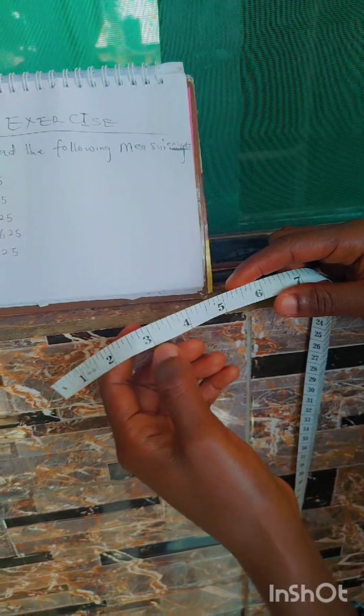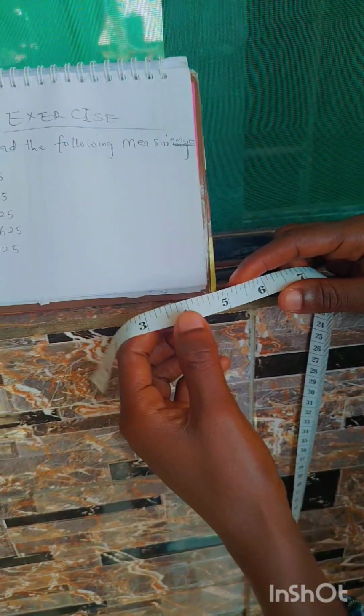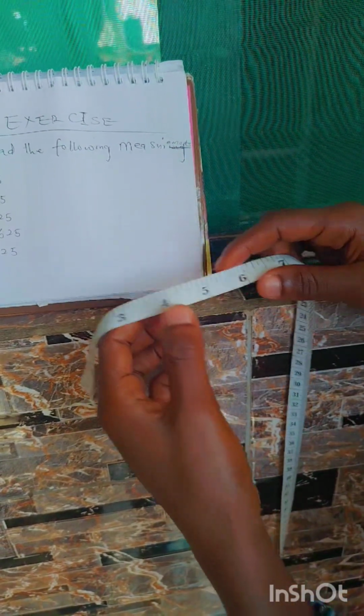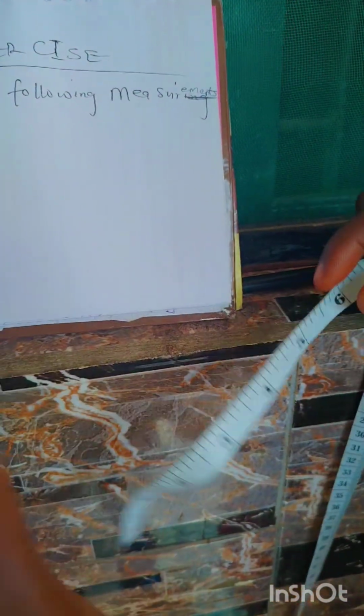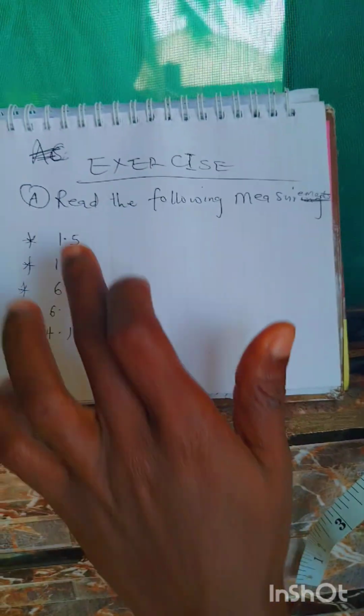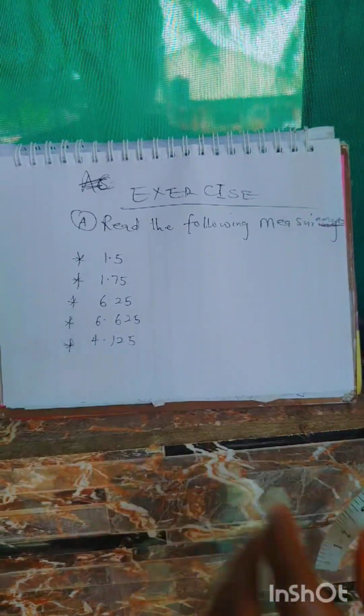Or maybe I tell you to read 4.5, you just point at it. While making the video, you just say, this is 4.5, or this is 2 inches, or this is 3 inches. So you just read the measurements for me while making a video. If you have any question, just drop it down and I will answer. Thank you.